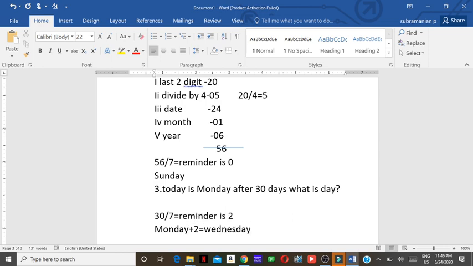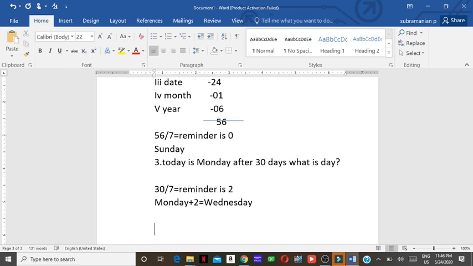This question is very simple. And we are moving to the fourth example, which is also a different question. On what date of April 2001 did Wednesday fall?